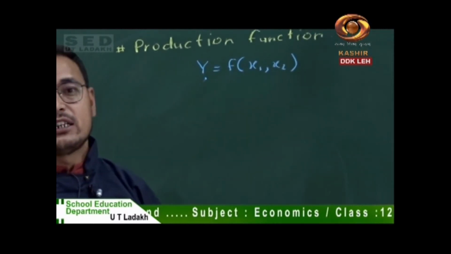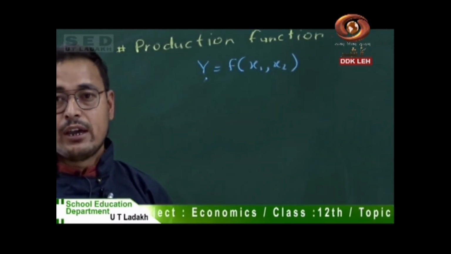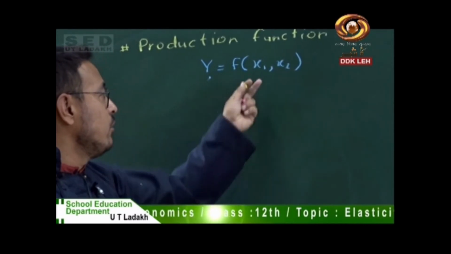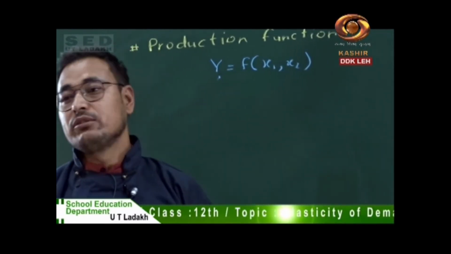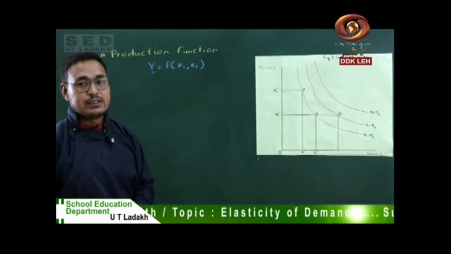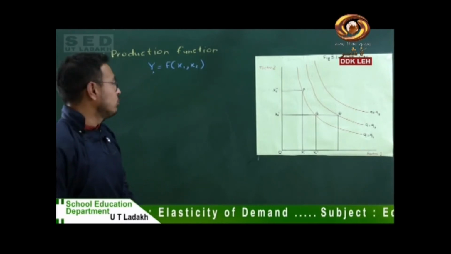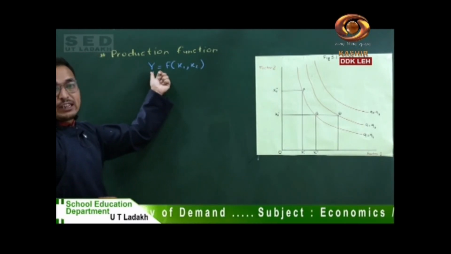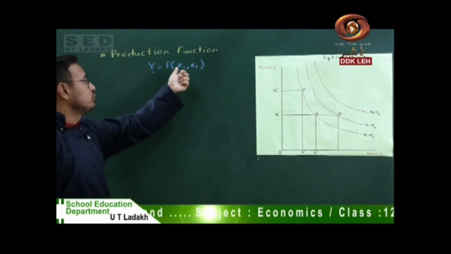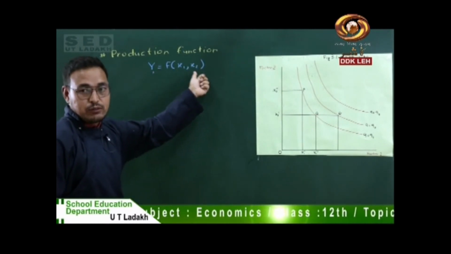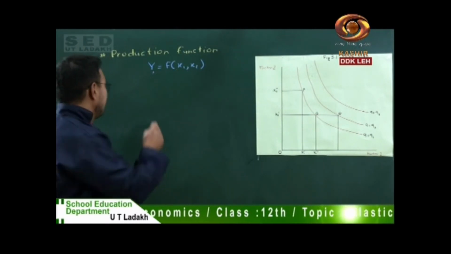We have studied that there are certain factors like land, labor, capital and entrepreneur. For simplicity, we are using x1 and x2. That is the factors of production. So what it represents is the maximum output that can be produced using x1 and x2.